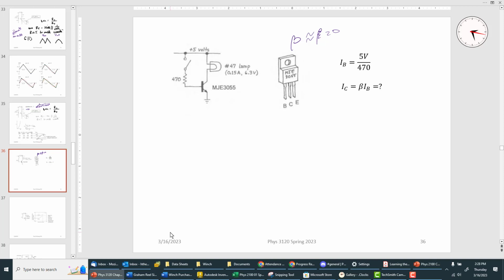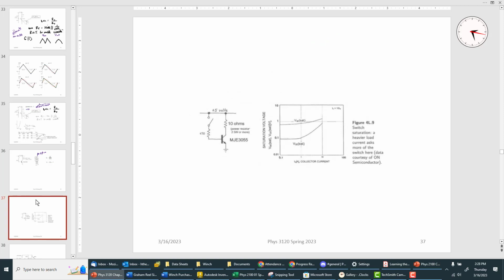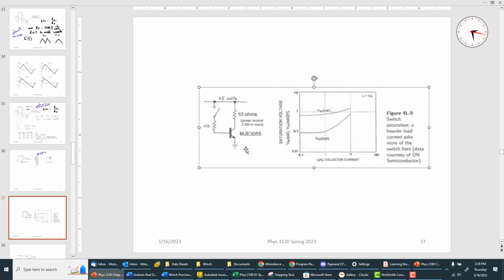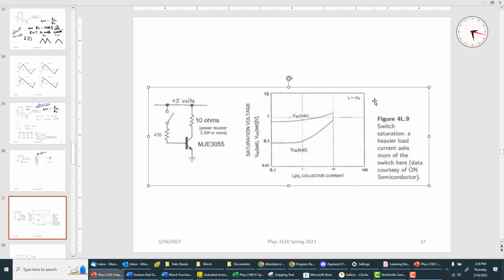This is called operating the transistor in saturation, and he wants you to explore it, and it's not even quite clear how to do this. We haven't really done it in class before, and I haven't really decided what the use of it is.